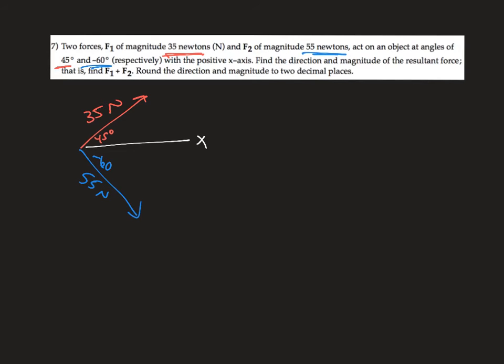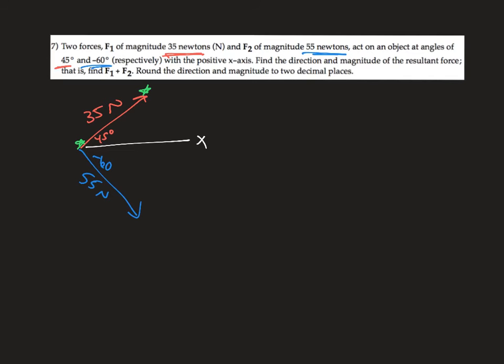Okay. So now remember, when you do F1 plus F2, when you're adding vectors, my first vector starts here, ends here. To add the second one, I'd really start where the first one ended and draw it over here.